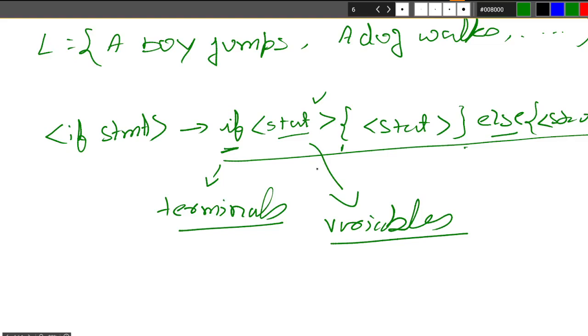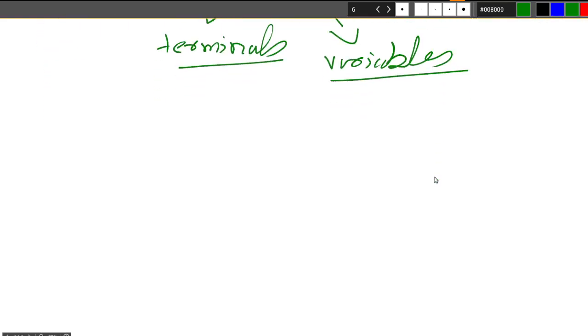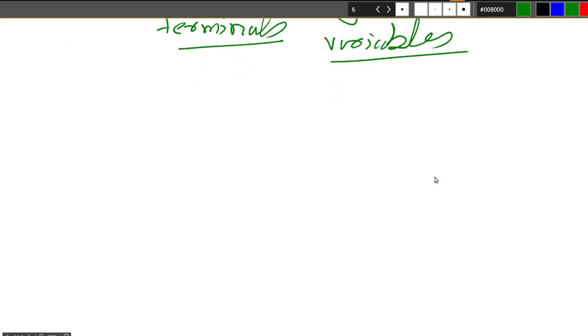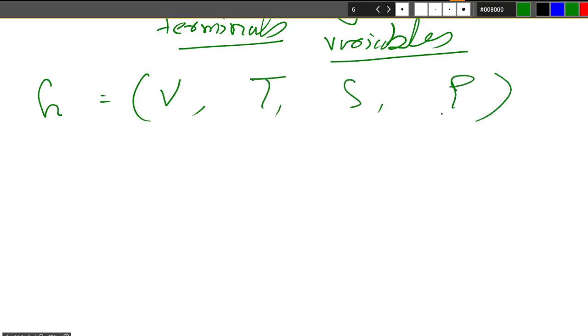Now whenever we try to write a formal grammar, we should write in terms of these four things: I will tell you, V, T, S and P. So what is this V?